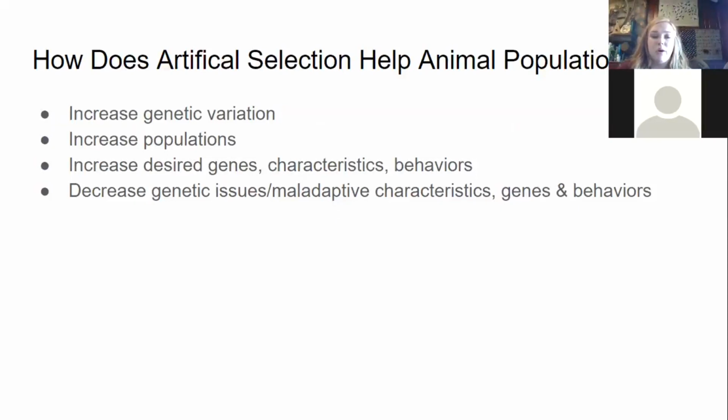This is going to help make sure that animals are born with the proper amount of organs, and that organs are working properly, or that they're not going to be born with a cleft palate, which would cause issues with being able to eat and closing their mouth. It would also cause breathing issues. So those are a couple of examples of things that we don't want to happen. And so artificial selection can help make sure that these genetics and these variables are not passed on.